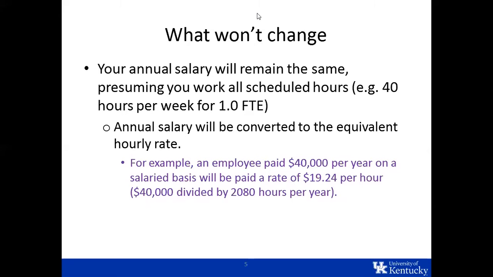You can easily see this, and there's a calculator we can show you towards the end of the presentation, that if you work 40 hours a week, all 52 weeks, and that's including working time, vacation time, holiday time, and so on, then it would total 2,080 hours. So if you just divide 40,000 by 2,080, that's how we get the hourly rate.